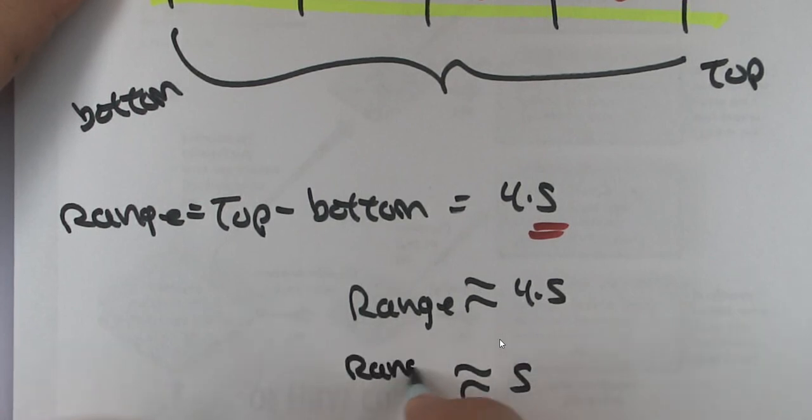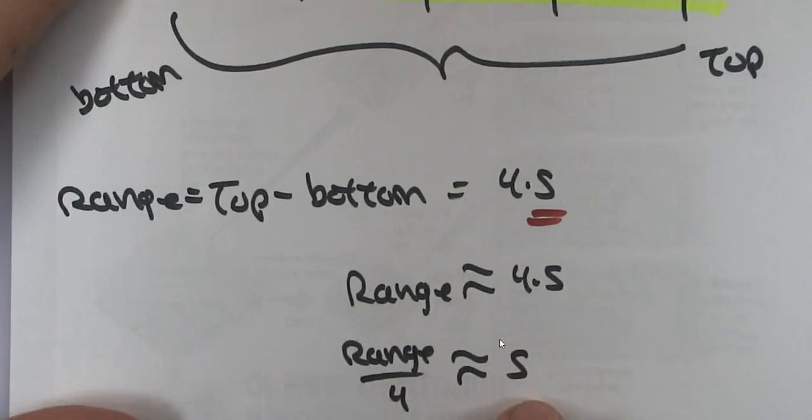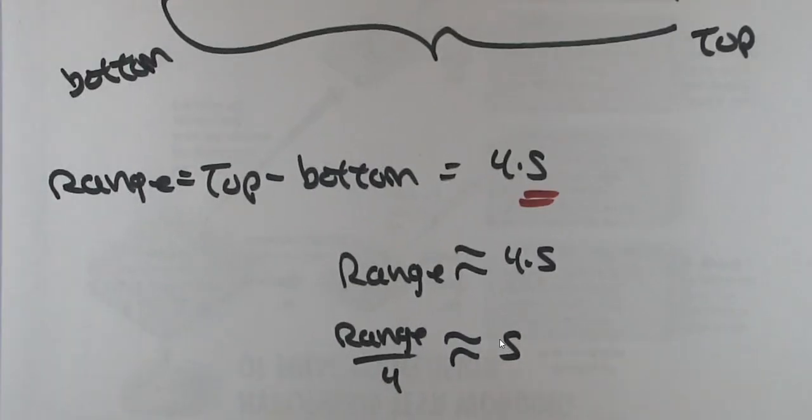So the range divided by 4 is a cheap way to get an approximation to your standard deviation. They're using that in this problem, and I'm happy to put this as part of the notes so that if you see this at home, you're not going to panic.